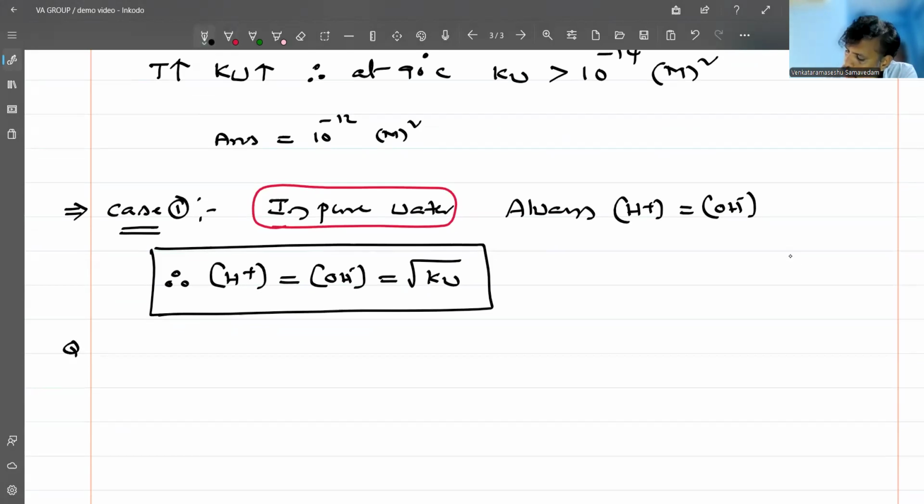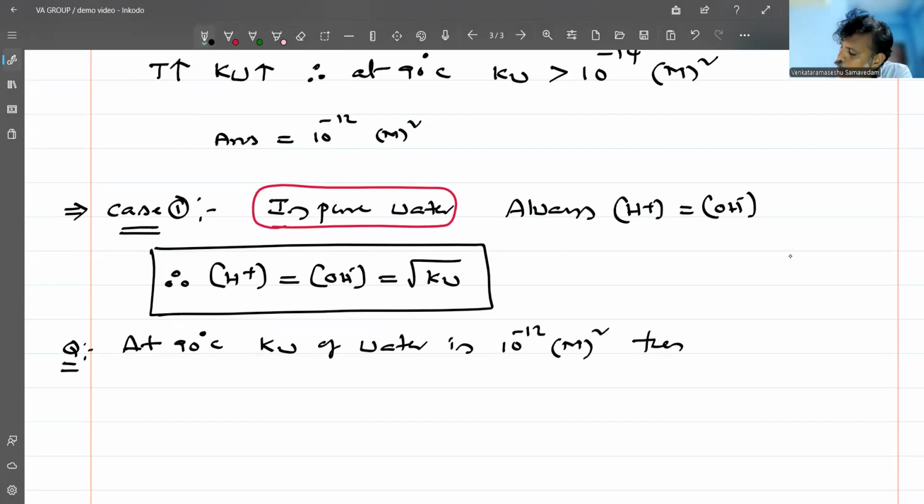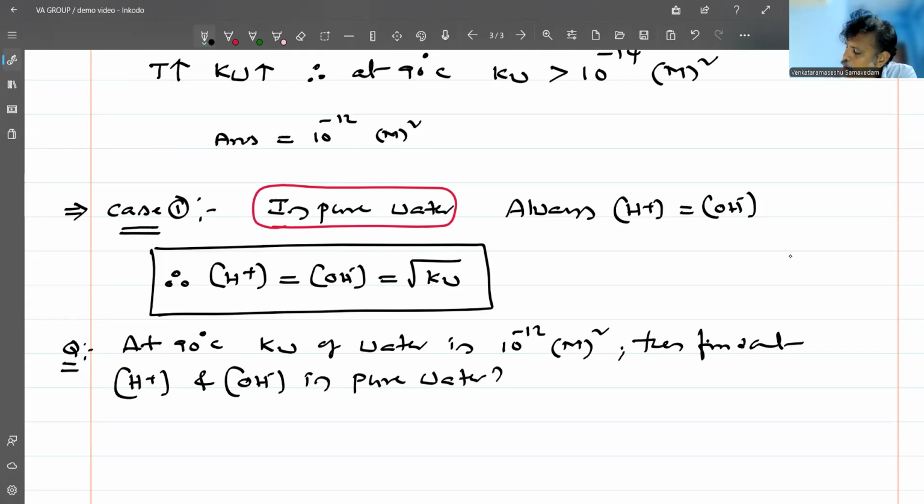If you want a question based on this: at 90 degrees centigrade, Kw of water is 10 power minus 12 molarity whole square. Then find out H plus ions concentration and OH minus ions concentration in pure water. I have a question like this.